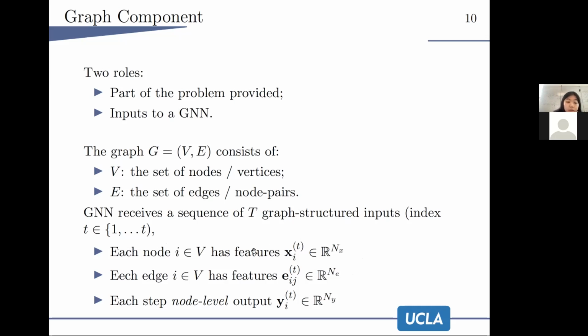In each of those inputs, each node has a feature, and each edge also has a feature. This one should be ij in E, I will correct it later. And at each step, there will be a node-level output, which we call Y.